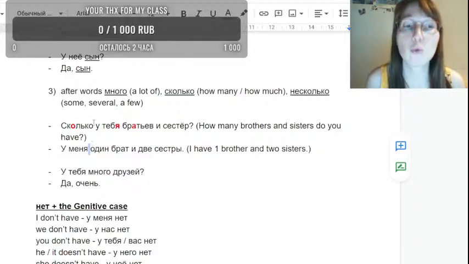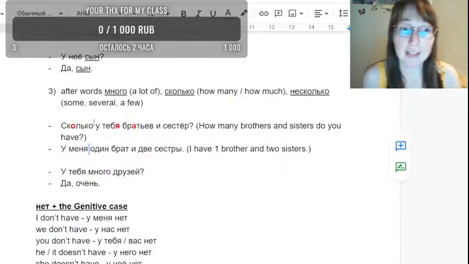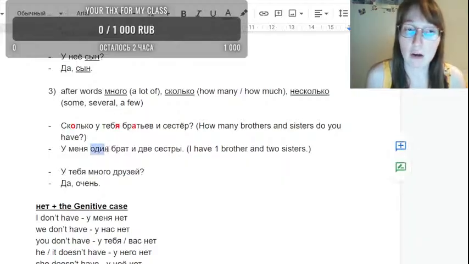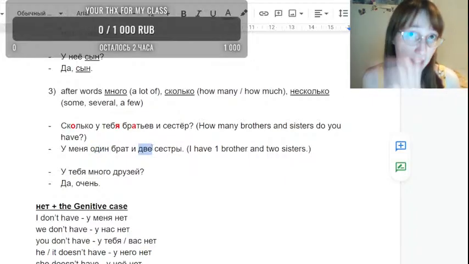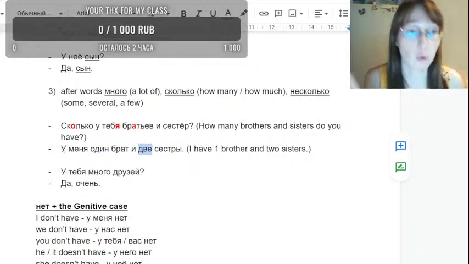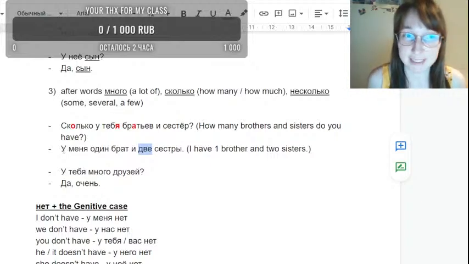I didn't say у меня есть один брат и две сестры. It's because, again, the amount is more important than having. Один, две, the amount, количество. У меня один брат и две сестры.